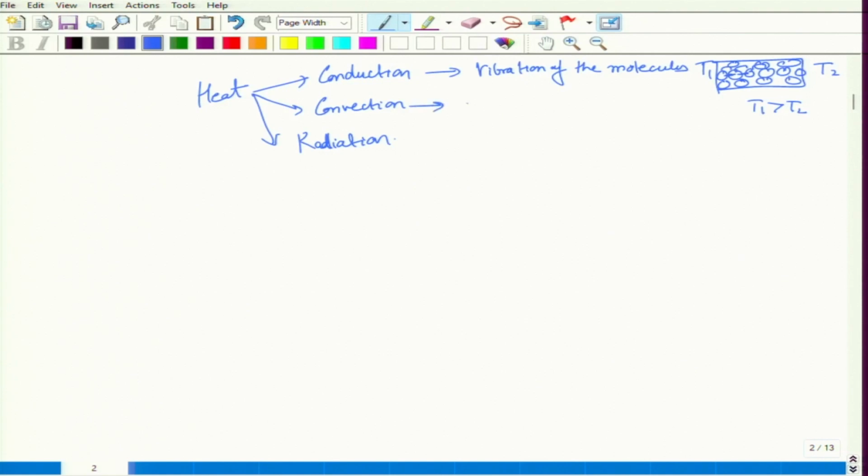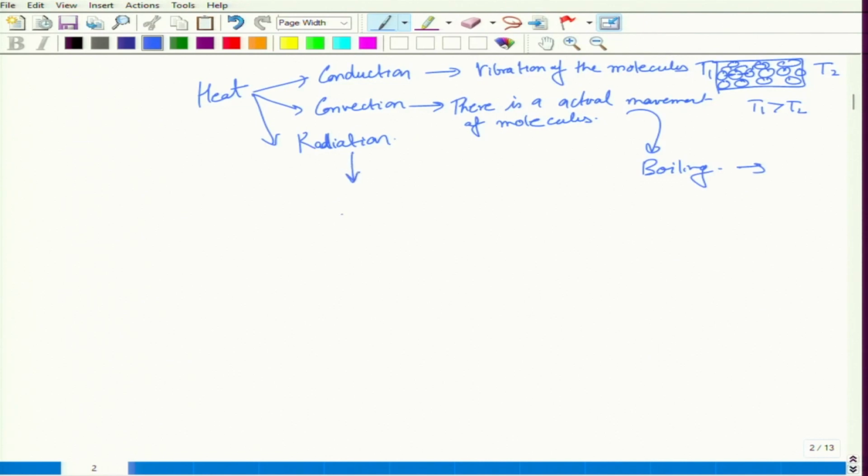In case of convection, there is an actual movement of molecules. If you see the case of boiling, that is convection.